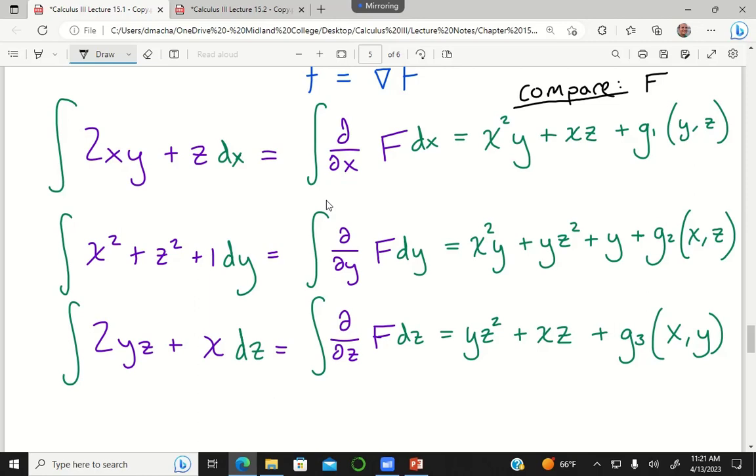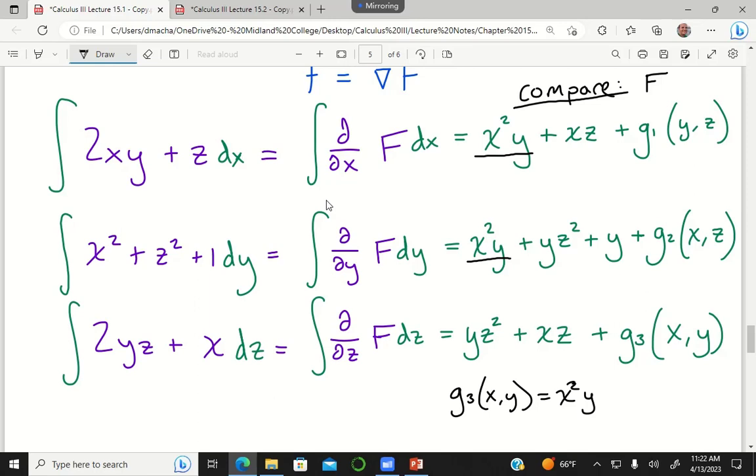So I see x squared y appear there and there, but I don't see it appear in this last expression. And so that means that g3 of x and y has to have a term that looks like x squared y. But that's fine, because x squared y is only a function of x and y.